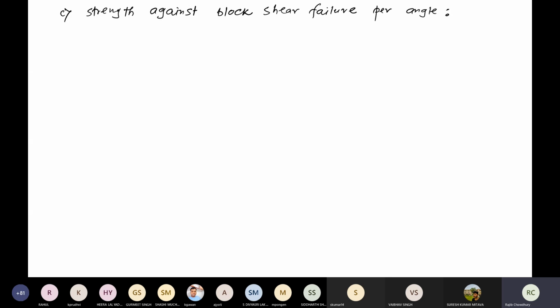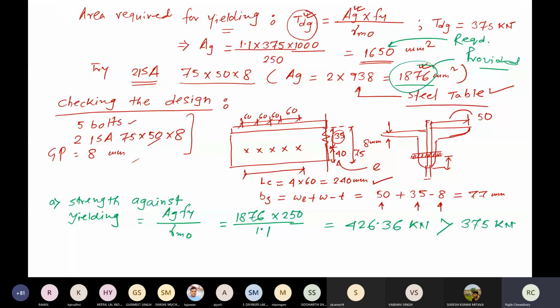Now in the block shear failure, what are the components that we require? We require Avg. V stands for gross shear area that we require. How do we find out the gross shear area? The gross shear and net shear.